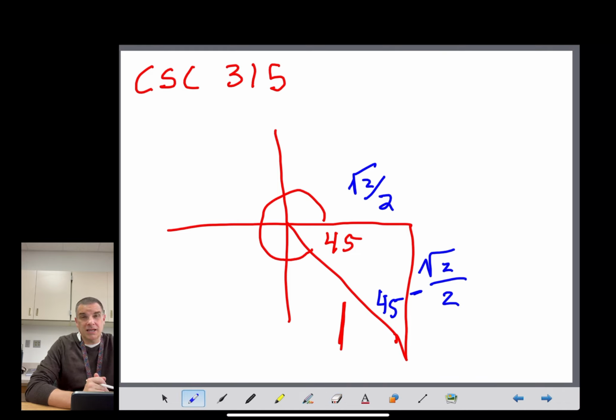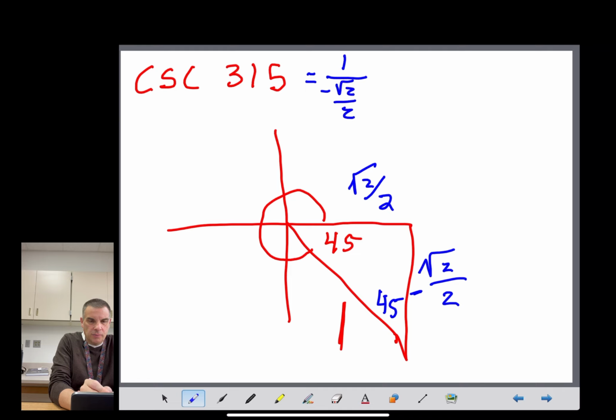Now the cosecant. Cosecant is the opposite of the sine. So sine is opposite over hypotenuse. So this is hypotenuse over opposite. The hypotenuse is 1. The opposite, and we're always going from the reference angle. So we're going from the 45. Always the reference angle. Negative square root of 2 over 2.